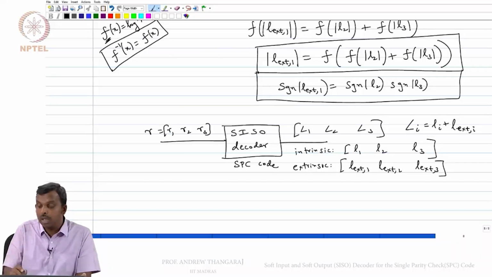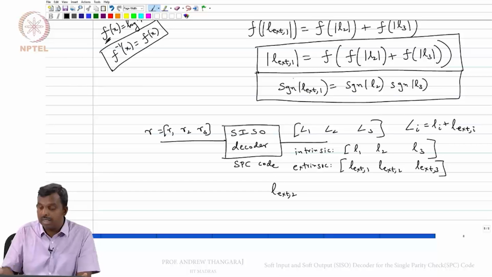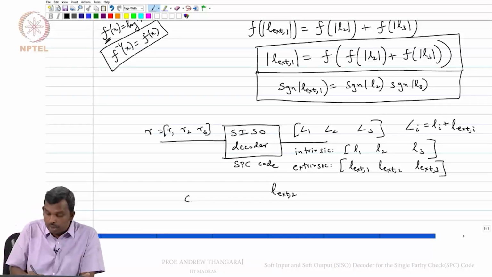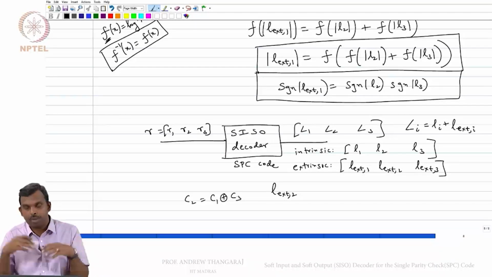How do I find Lx1? You use this formula here. How do I find Lx2? It's not very hard. You simply use the same formula as before, except that you use C2 equals C1 XOR C3. What are C1 and C3 telling me about C2?